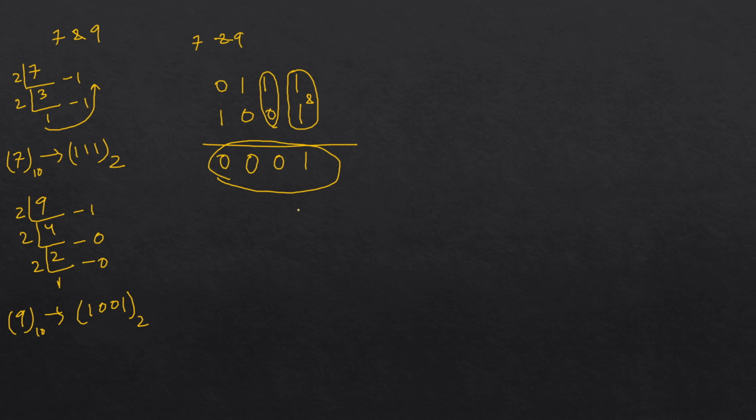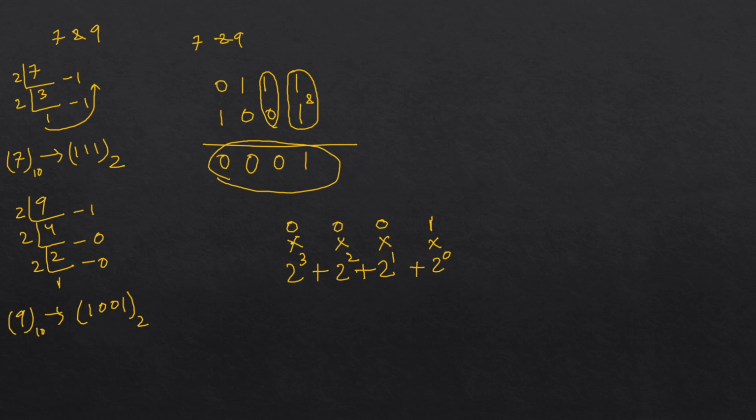So how to convert this binary into decimal? For the conversion of binary to decimal, you need to write it as 0001. Each position is 2 to the power 0, 2 to the power 1, 2 to the power 2, 2 to the power 3, and multiply these numbers.